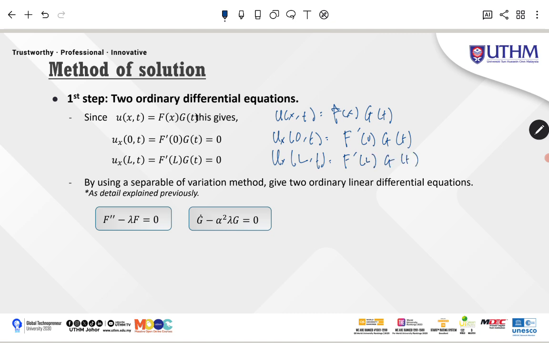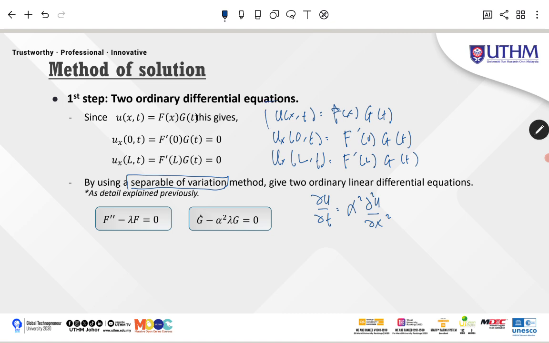So we use separation of variables as previously, where we have du/dt equal to alpha squared d squared u over dx squared.